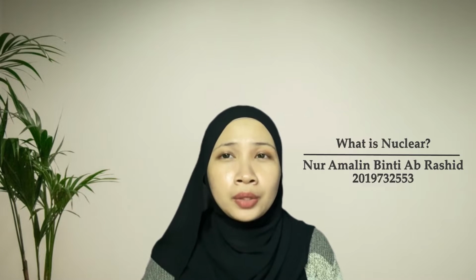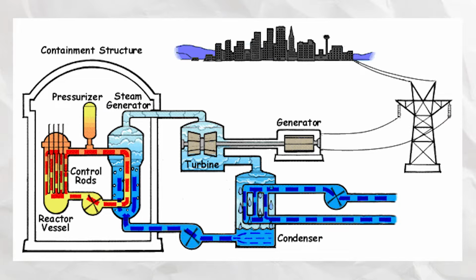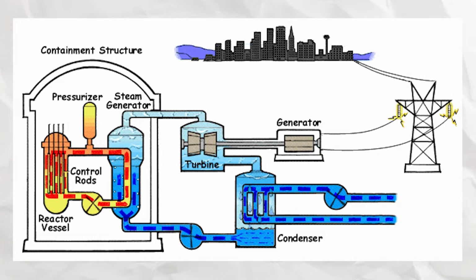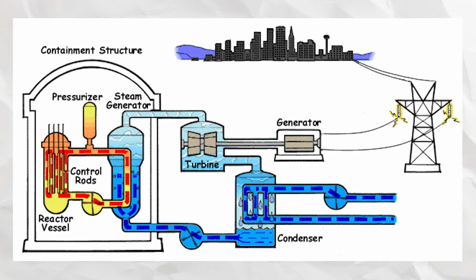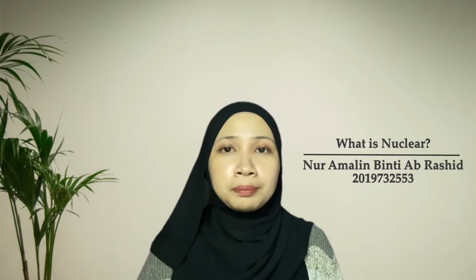In a PWR, the primary coolant is water maintained under very high pressure so that the coolant reaches a high temperature without steam formation within the reactor. Heat transported out of the reactor core by the primary coolant is then transferred to a secondary loop connected to a steam generator.